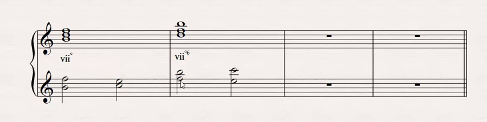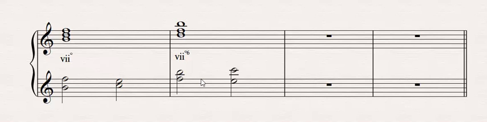You'll notice in this one the F to the B makes an augmented fourth instead of a diminished fifth, and so an augmented fourth wants to stretch out. The B goes up to the C, the F comes down to the E. So it can be helpful when you're dealing with diminished chords to figure out what the tritone interval is, whether it's an augmented fourth or a diminished fifth, and then either resolve it out or resolve it in as required.